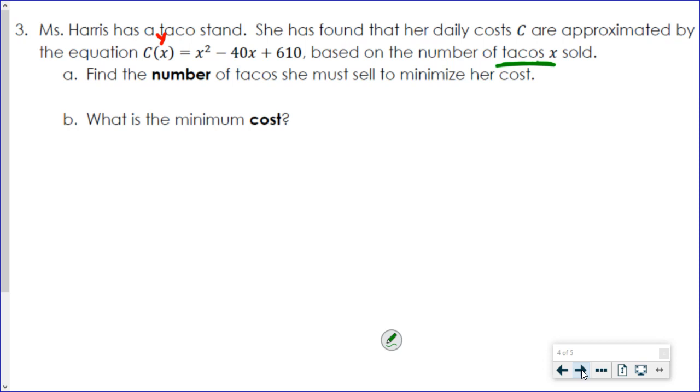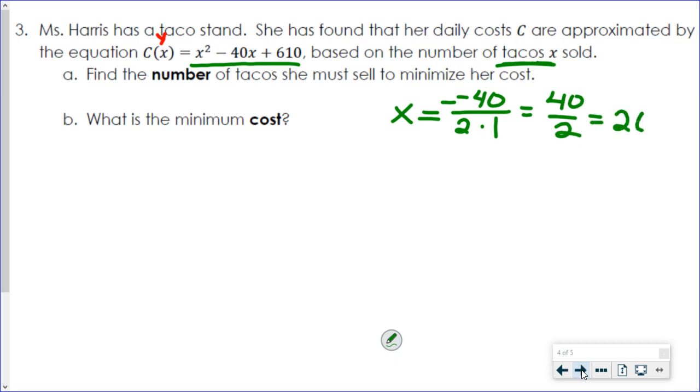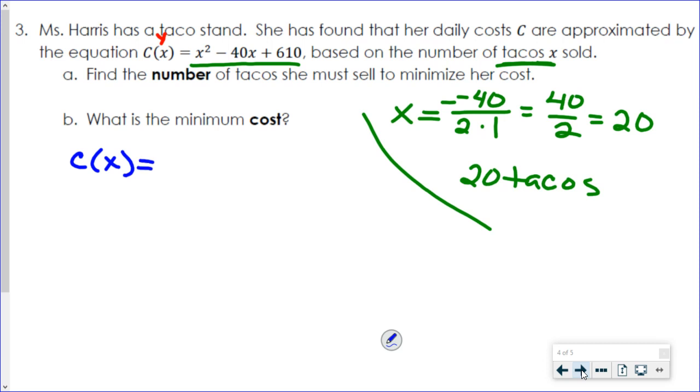So again, the number of tacos, x, equals, now look here, the opposite of b over 2a. So we get 40 over 2, or 20. So find the number of tacos. She must sell 20 tacos. Please label your answer. And then what's the minimum cost? So cost is for 20 tacos.